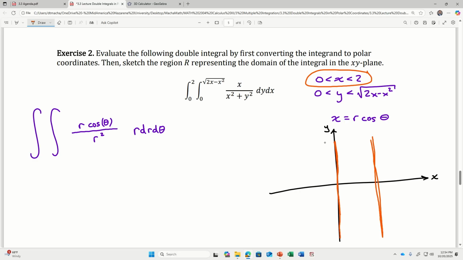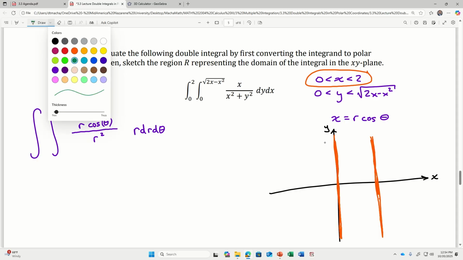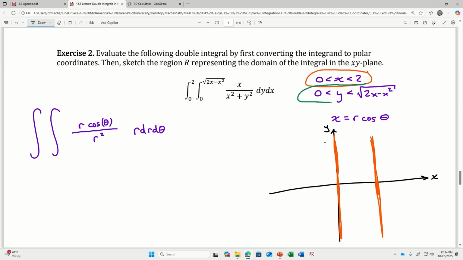I've got to be in this vertical strip. For y has to be greater than 0 and less than the square root of 2x minus x squared. And I want to draw the curve that corresponds to y equals the square root of 2x minus x squared.